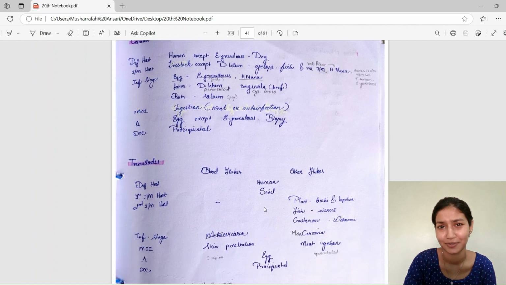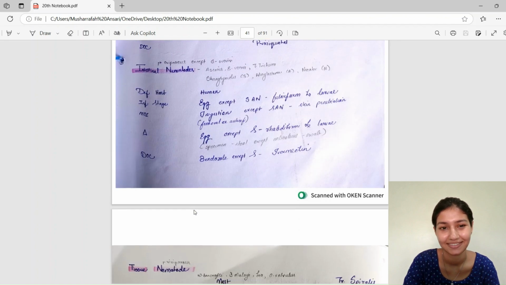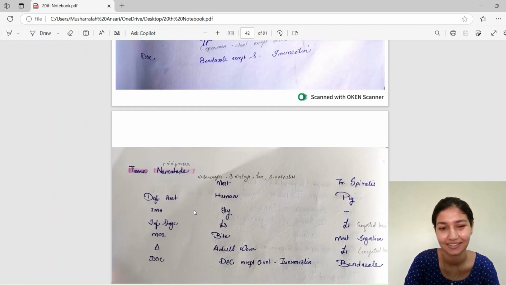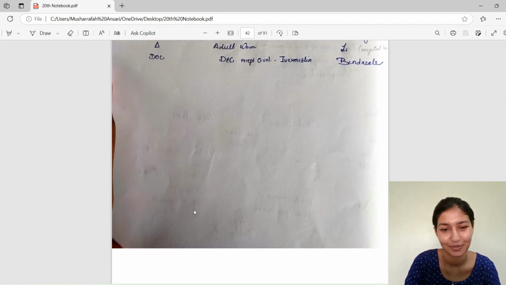I used to dread this topic in particular because everything felt the same, and when I would have difficulty, I would often confuse them. But here we have it, cestodes, trematodes, and the nematodes, intestinal and tissue ones, all together in just 2 pages.